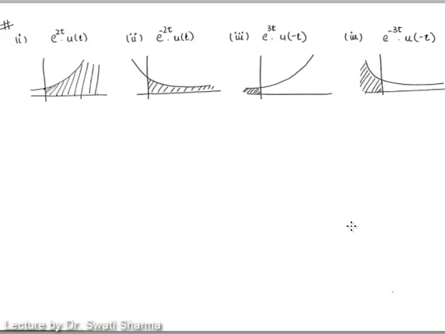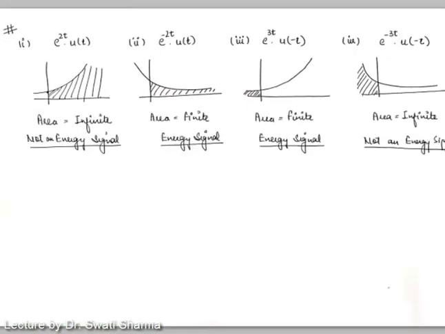So simply by looking at the area under the curve, you can very easily tell within 1 or 2 seconds whether this is an energy signal or not. Here, because the area is approaching infinity, this is of course not an energy signal. Here the area is finite, so this is an energy signal.